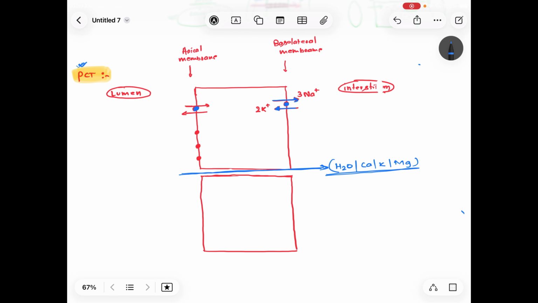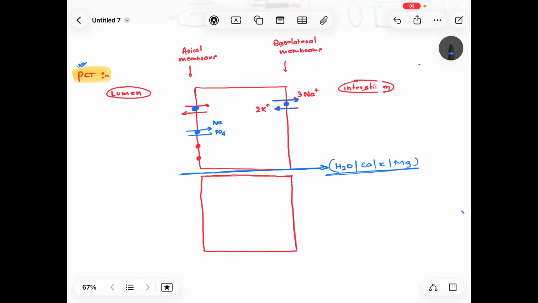In secondary active transport we have either a co-transporter or an antiporter. Starting with the co-transporter. In a co-transporter, the ions move coupled with sodium. In this one, sodium moves with phosphate.